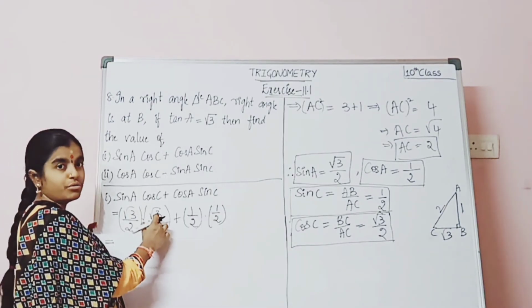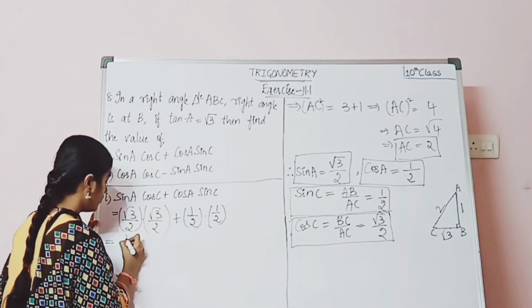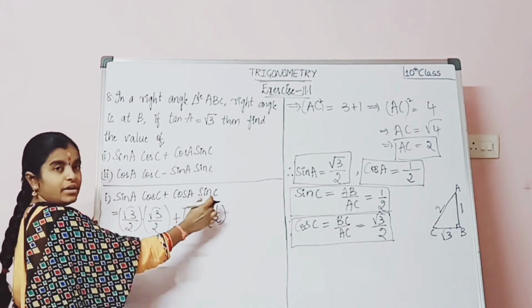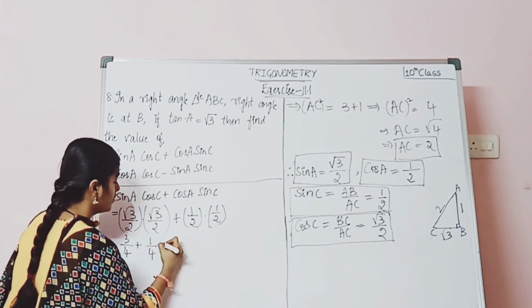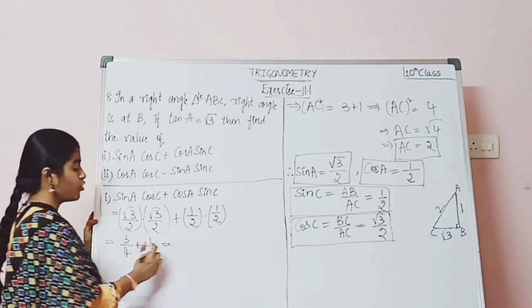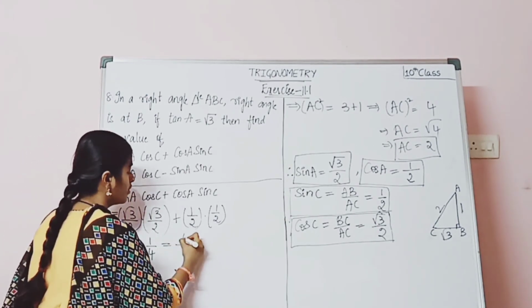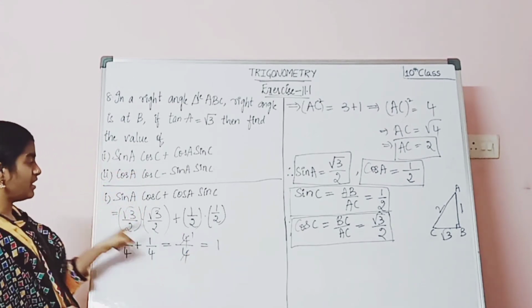Here root 3 into root 3, what we will get? Root 9. Root 9 value is 3. 3 by 2 into 2, 4. Plus 1 into 1, 1, 2 into 2, 4. Equals, here 4 is common. By 4 we have to take. 3 plus 1, 4. 4 by 4 means what we will get? 1. So first bit value is 1.